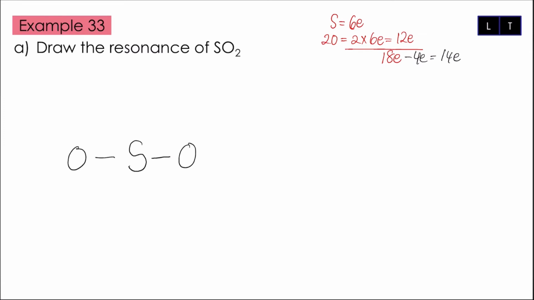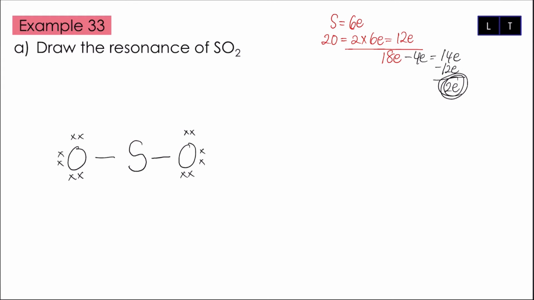And next, I'm going to fill in the terminal atoms. So each terminal atom should get 6 electrons because it has 2 already. So the total will be 12. So 14 minus 12 will be 2 electrons left. So these 2 electrons, I'm going to put at the center.